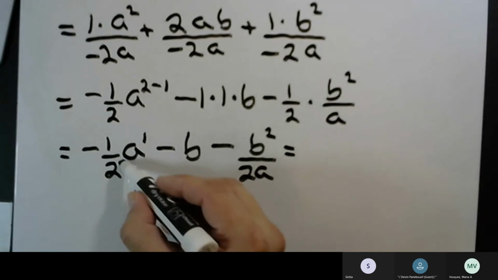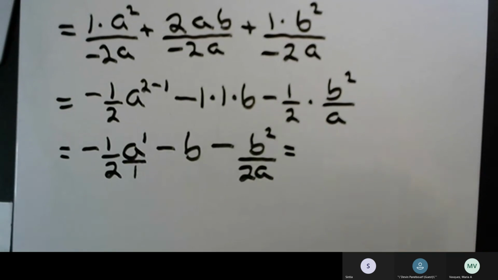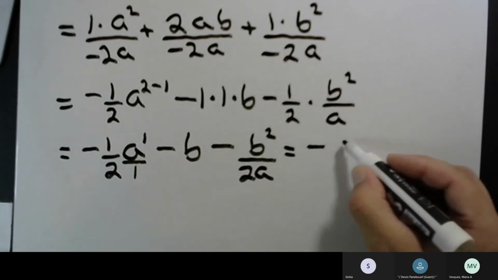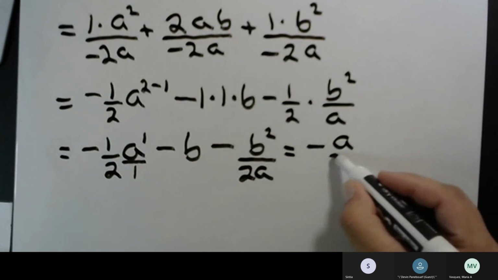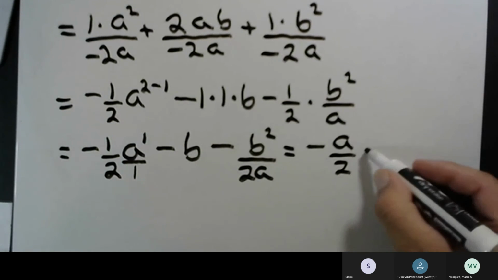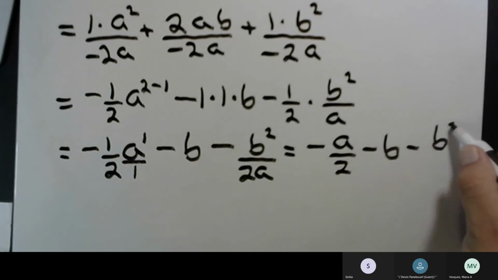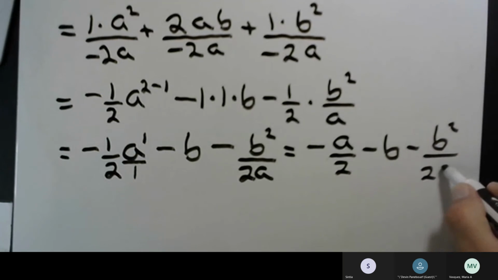And then we can do the same thing here. We can put invisible 1 underneath the a to the 1. And a to the 1's just a. So it means we'll get negative a over 2 minus b squared over 2a.